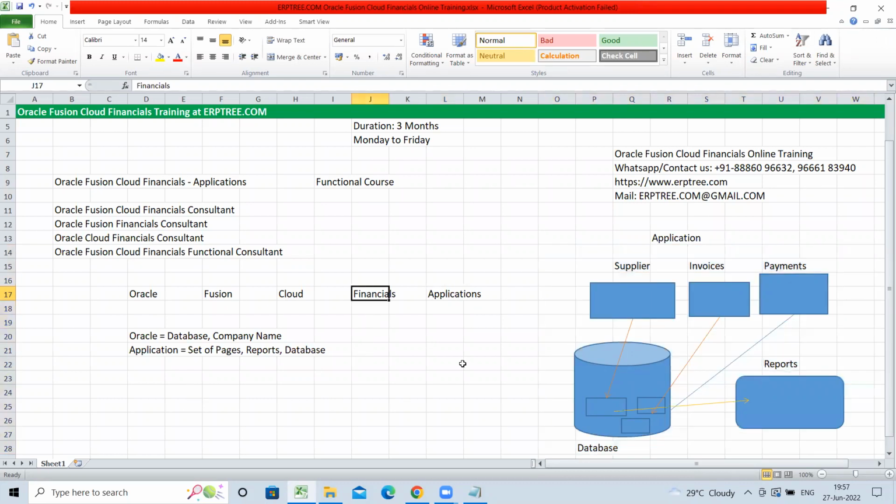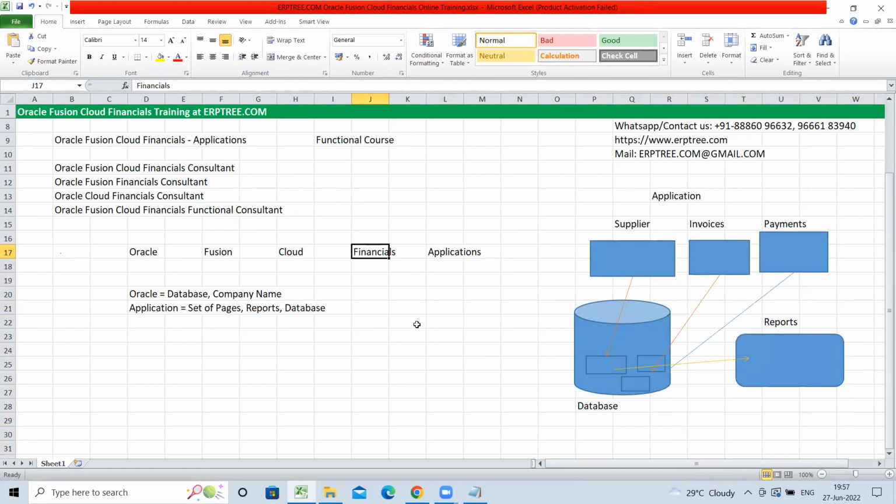Now we'll try to understand what is the meaning of financials.